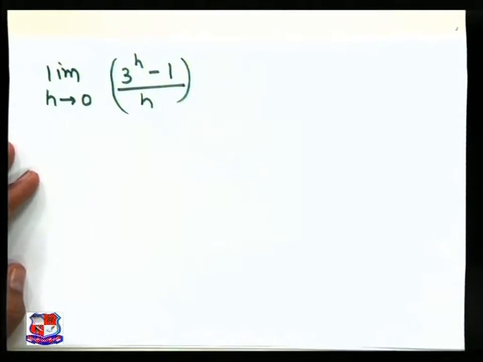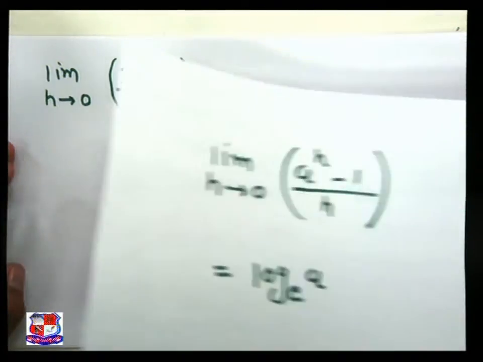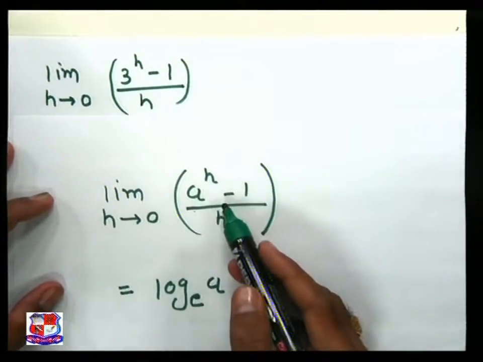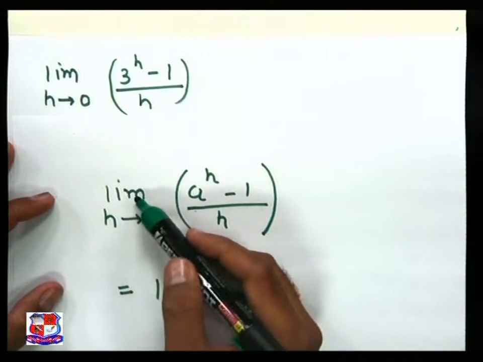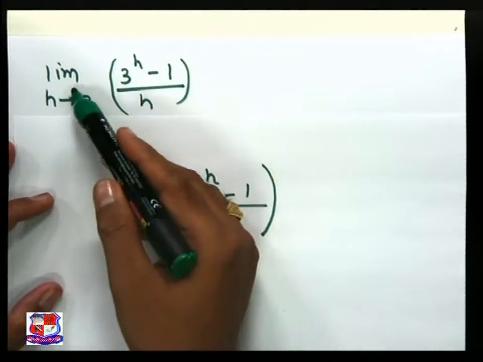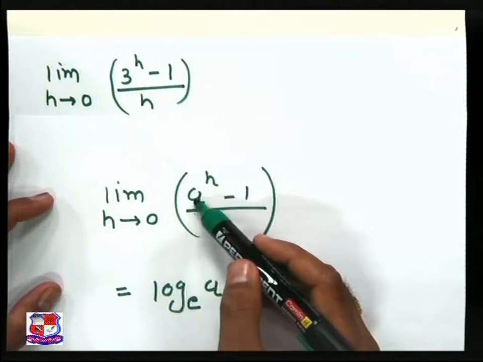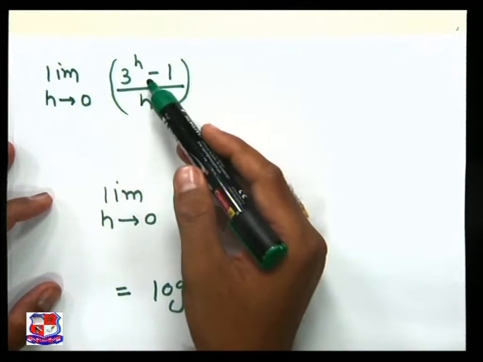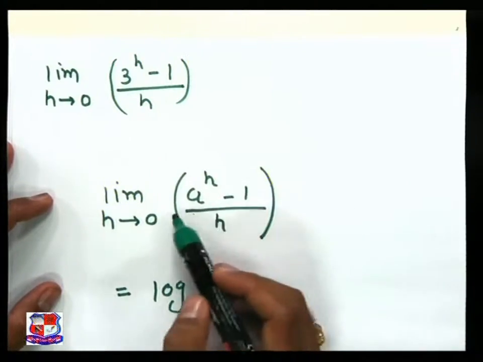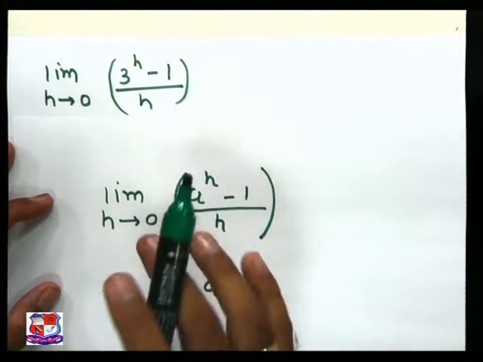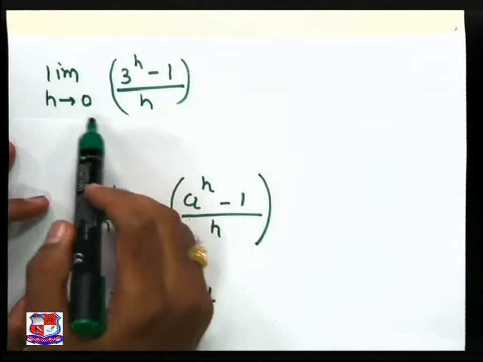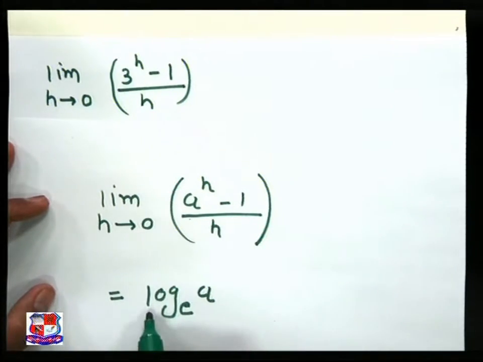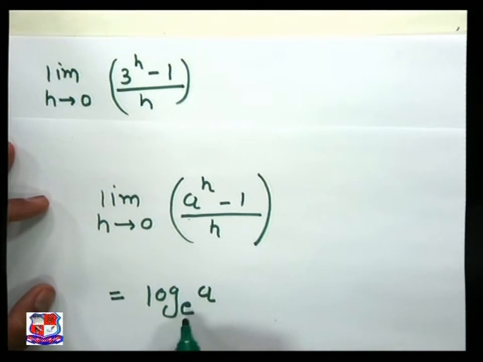So this is the very basic sum. Just compare with our procedure: limit h tends to 0, same as here h tends to 0, here a raised to h, here 3 raised to h, minus 1, divided by h. So we can directly write the answer, that is nothing but log a with base e.